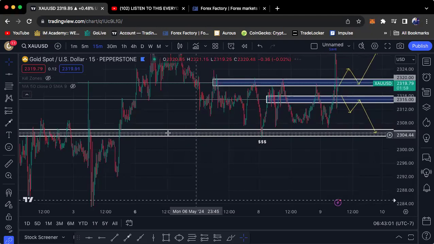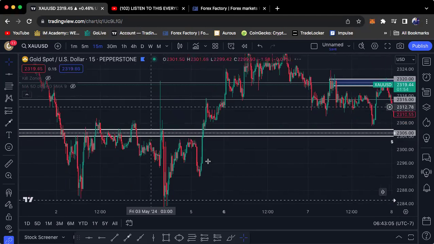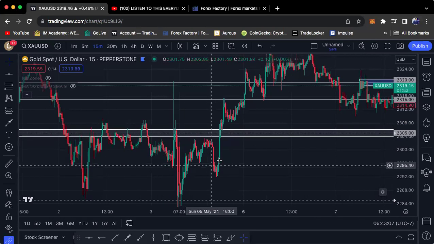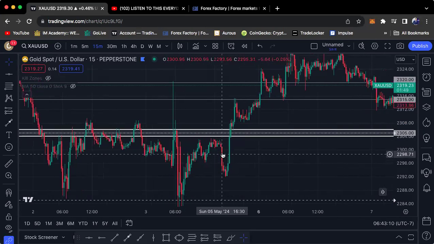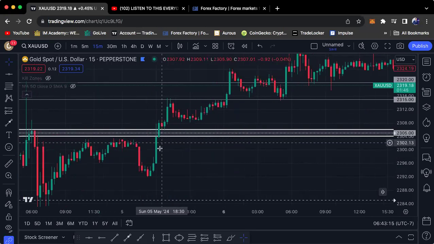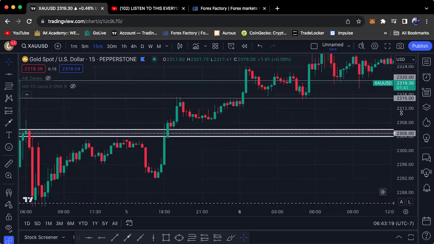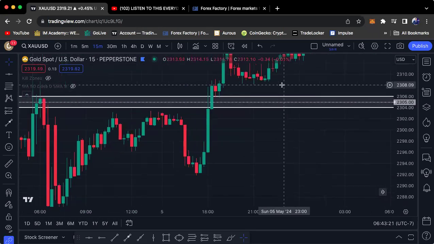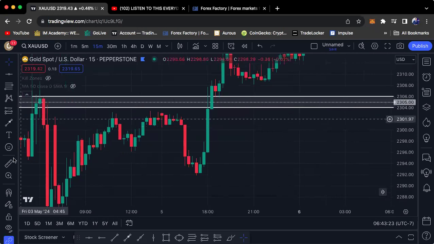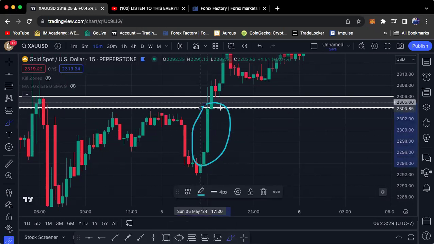There's also an imbalance here. You guys see this imbalance candle? It never came down to fill this gap here. So we have an imbalance right here.